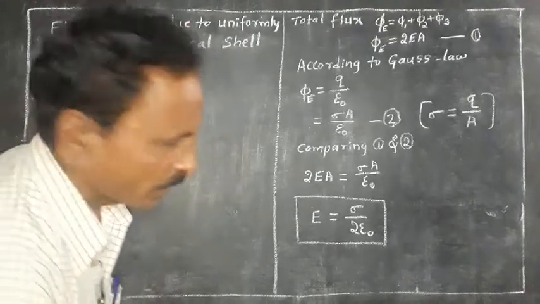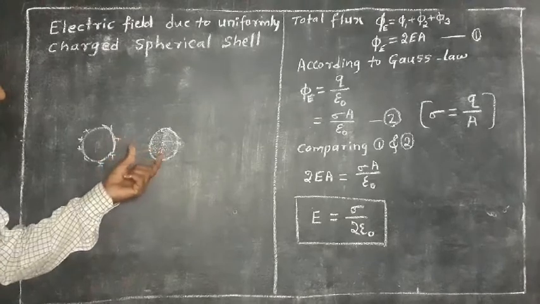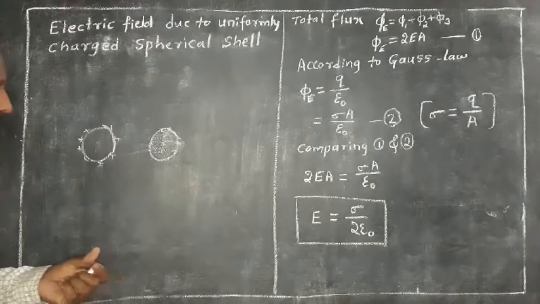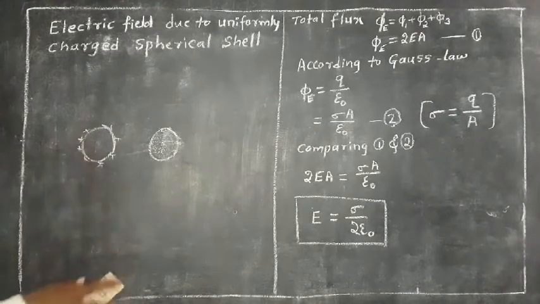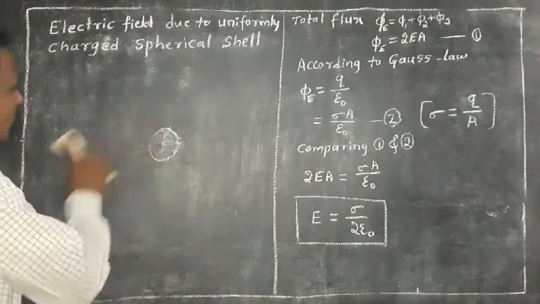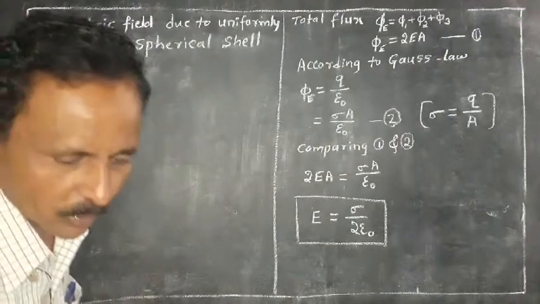Therefore, in case of conducting spheres or spherical shells, the charge always resides on the surface of the sphere or spherical shell. It may be hollow or solid.